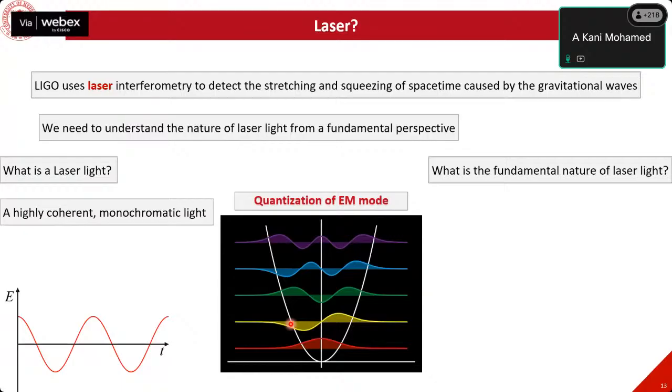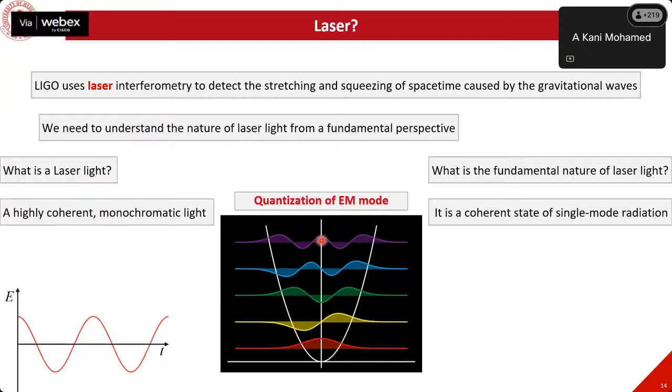Laser light is a special kind of light, a special superposition state involving superposition of all the eigenstates. This is called a coherent state.